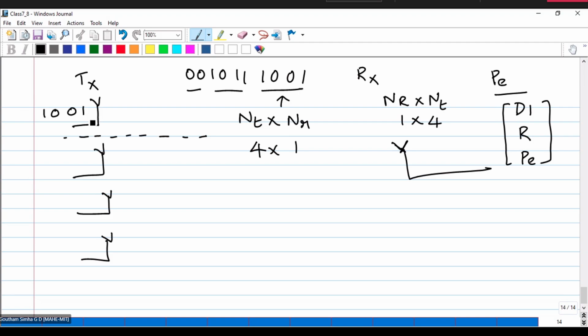Now, if you have 2 antennas, is it possible for you to transmit something like this: 1 0 from the first antenna, 0 1 from the second antenna? Is it possible to transmit like this?